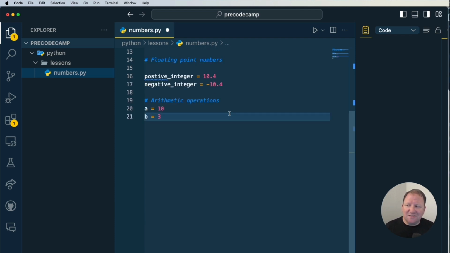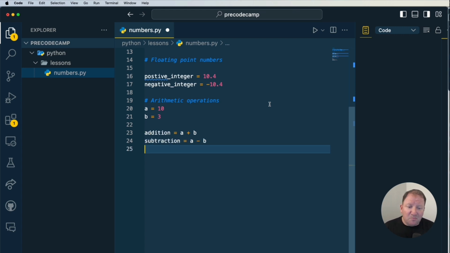So we'll have an example here of a equals 10 and b equals 3. And so that way we can see what is going on when we're trying to do some math functions. So we'll do addition. So if we're ever adding two variables together that are numbers, we can represent that here. If we're looking at subtraction, all we have to do is put the minus sign in there.